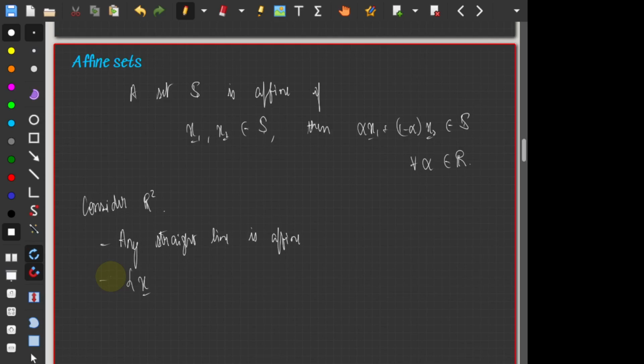The null space of any 2 by 2 matrix is either the origin, since it contains the 0 vector, or a straight line passing through the origin, or all of R2. So in fact, more generally, any straight line, whether or not it passes through the origin, is affine. A singleton set is always affine.